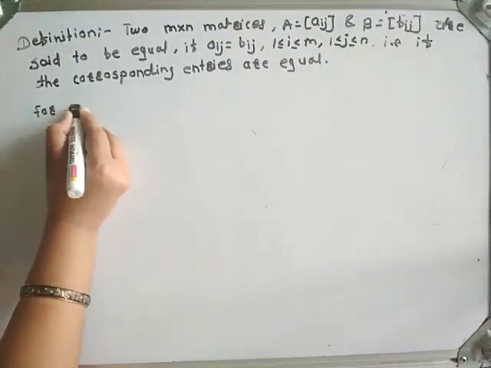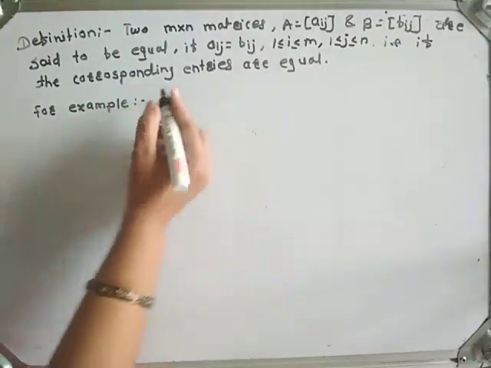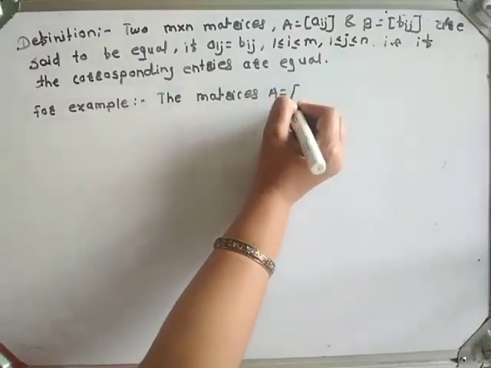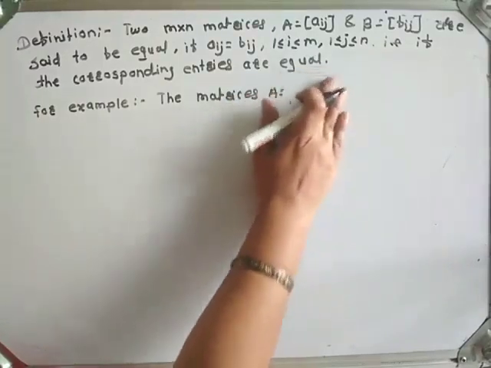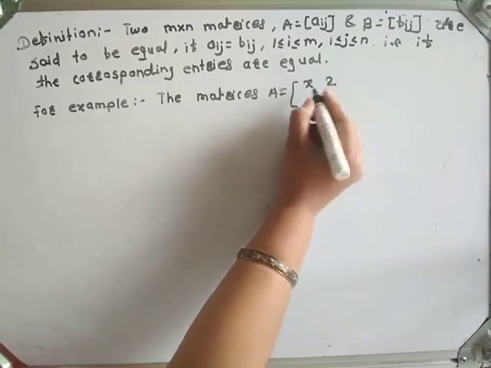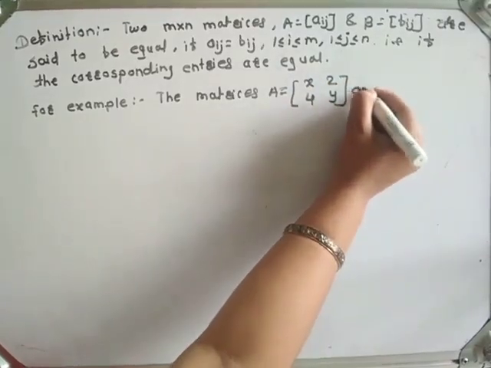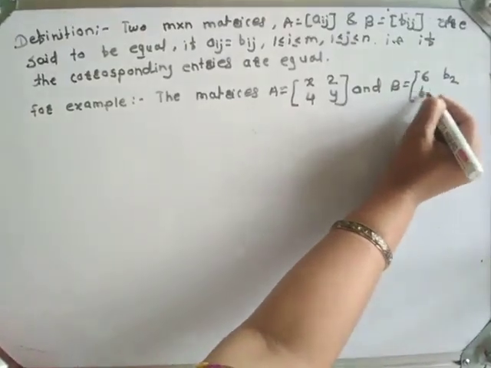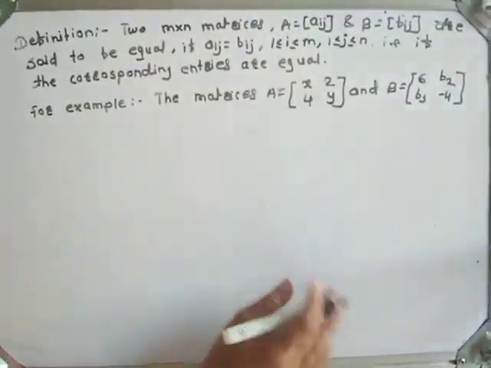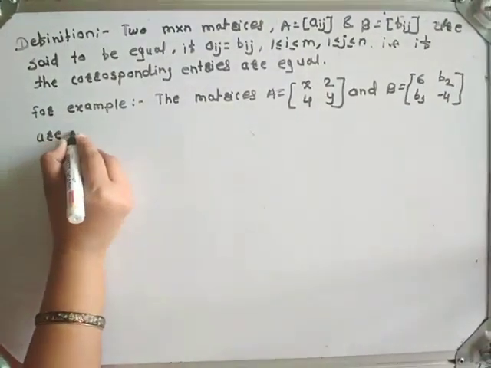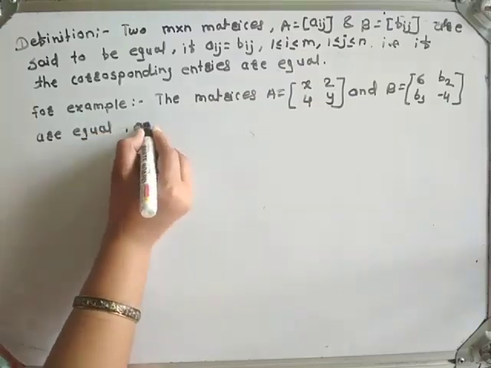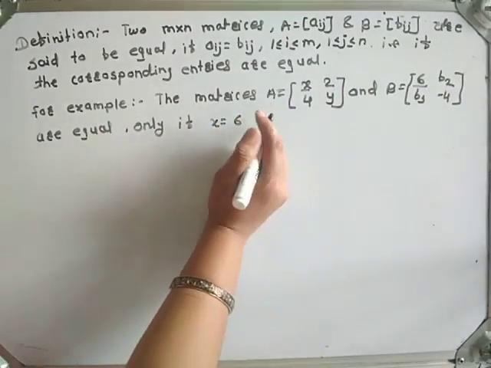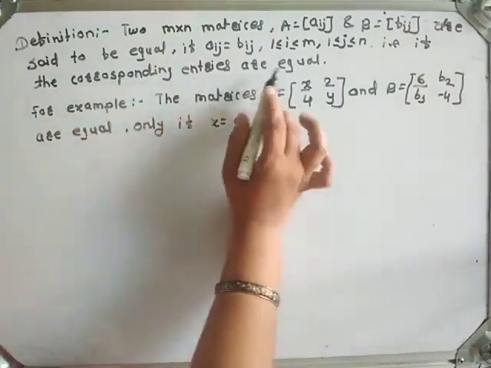For example, the matrices A equal to X, 2, 4, y and B equal to 6, B2, B3, minus 4 are equal only if X is equal to 6, since two matrices are equal if and only if the corresponding entries are equal.